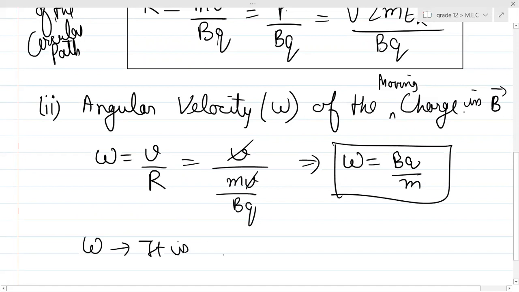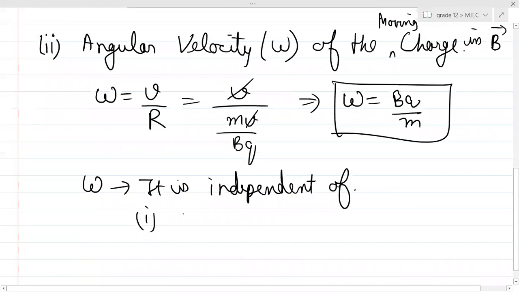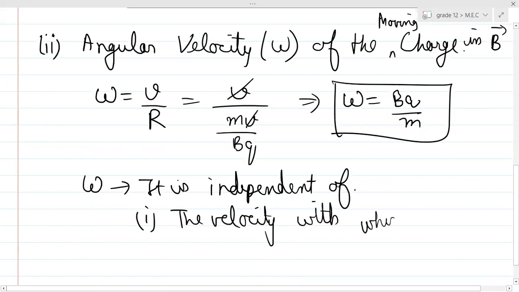So can you see this omega is independent of the velocity? In spite of writing the velocity, you write the speed.